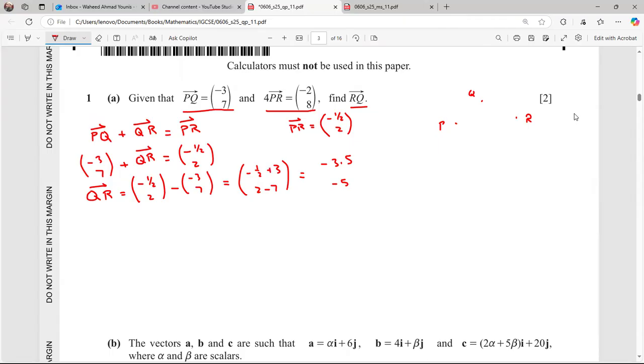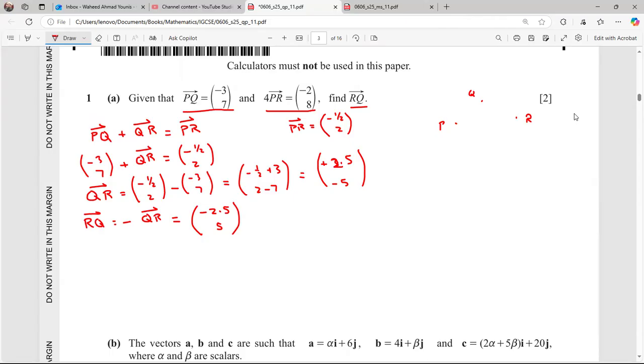Sorry, so this is -2.5, and this is not minus, this is plus. And -5. So this is my vector QR, but I need to find RQ. RQ is going to be the negative of QR. So if I make it negative, it's going to be -2.5 and 5. So this is our final solution.